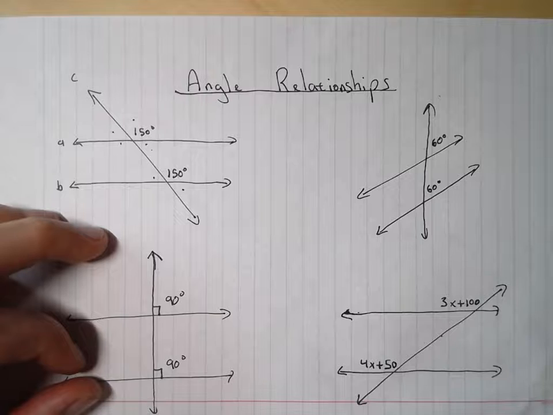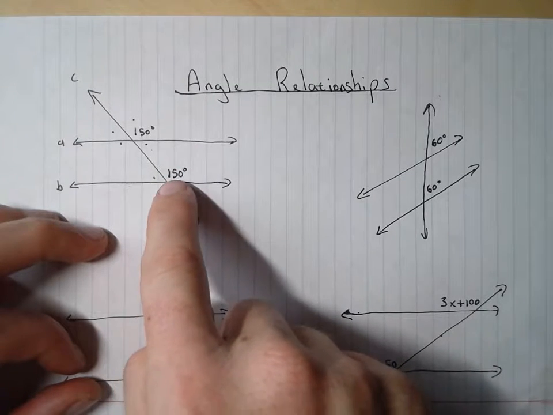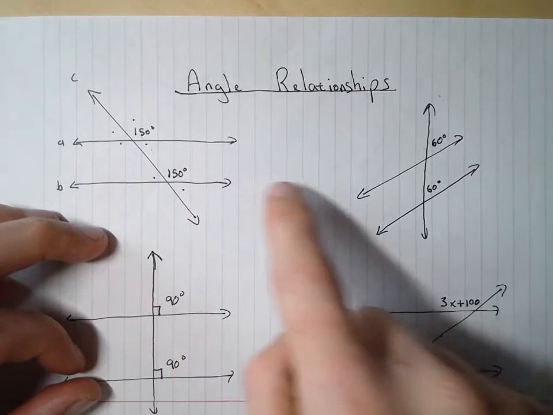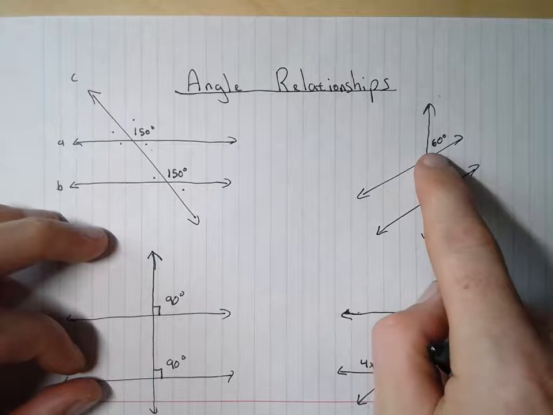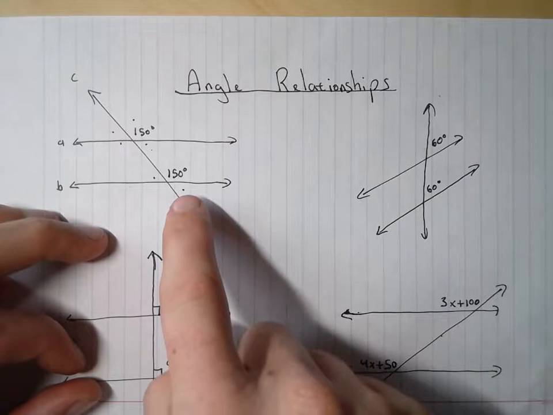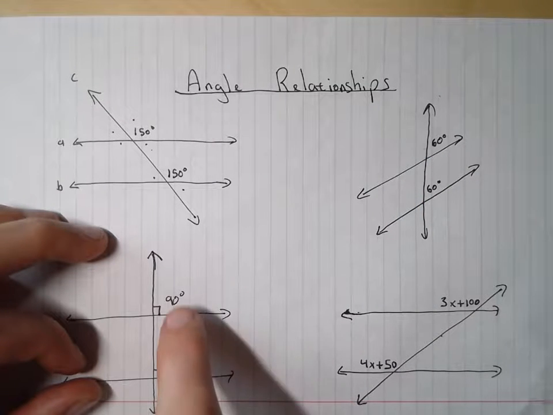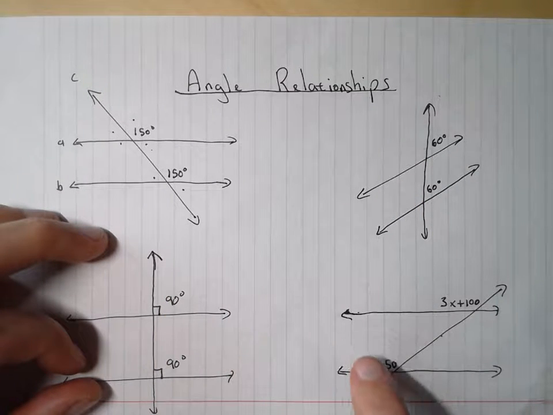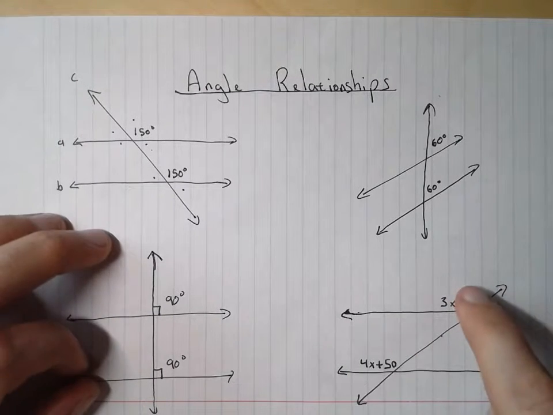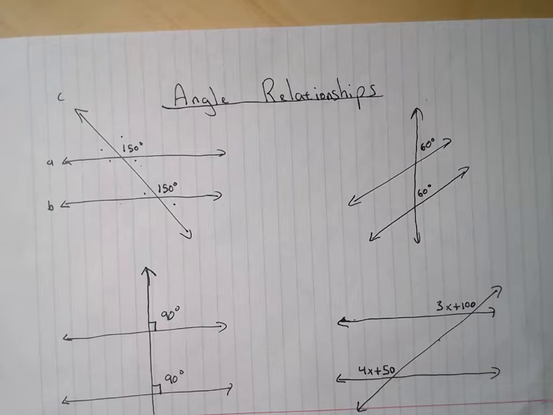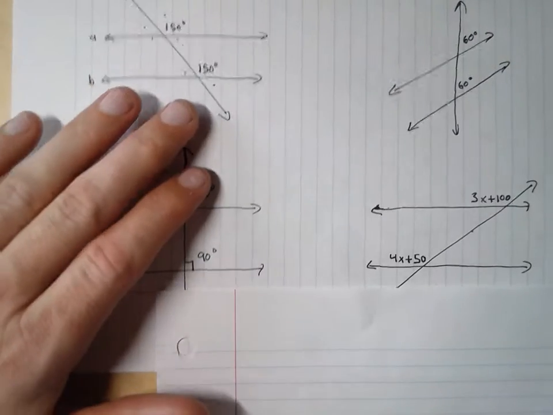So if the pattern is that we have corresponding angles, and in each diagram those two angles are equal, 150 and 150, 60 and 60, 90 and 90, then if these are corresponding angles as well, it stands to reason that those two angles are equal, and we can write and solve an equation here, which I will do now.